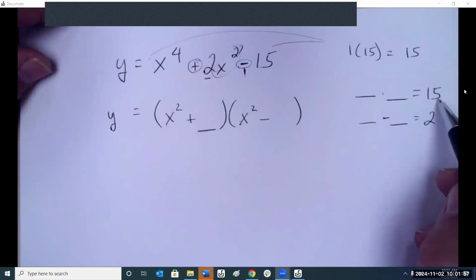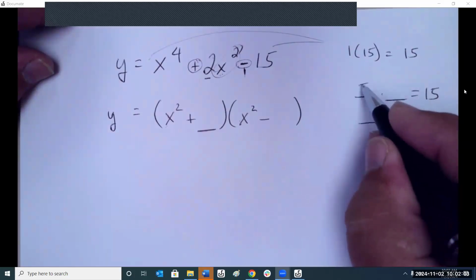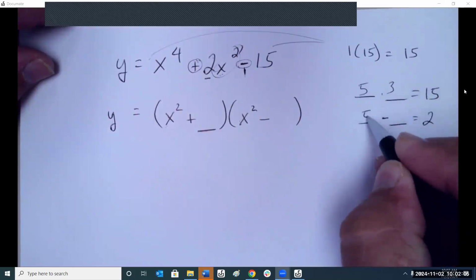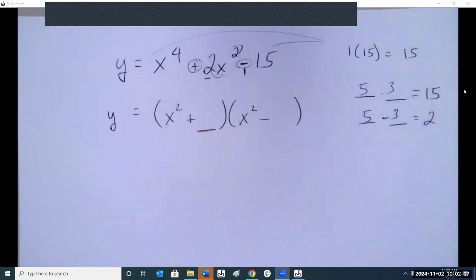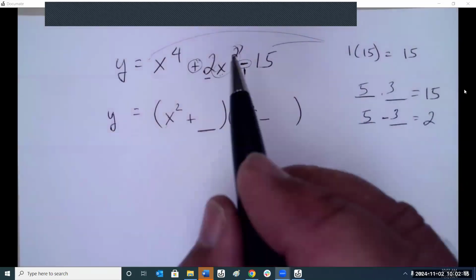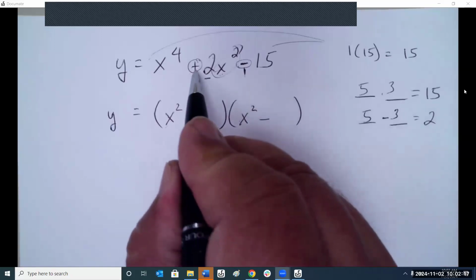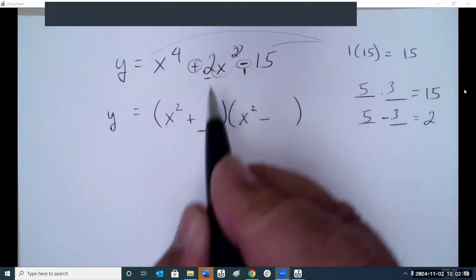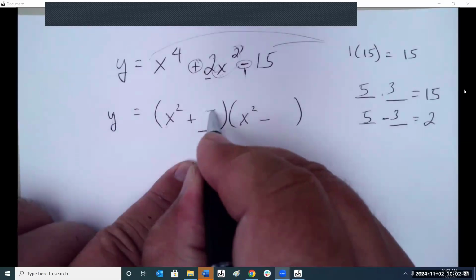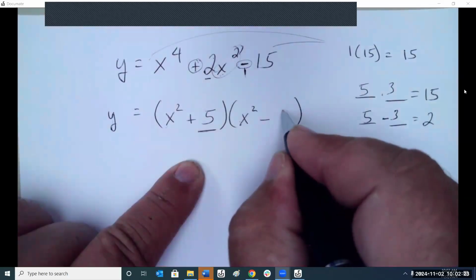What two numbers multiply to give you 15? 5 and 3. 5 minus 3? Yes. That is the hardest part of this whole process, because you have to go through all the different combinations of numbers. So, since the plus is the first sign in my equation, the bigger number, 5, goes in there.